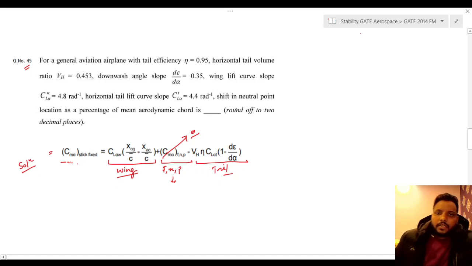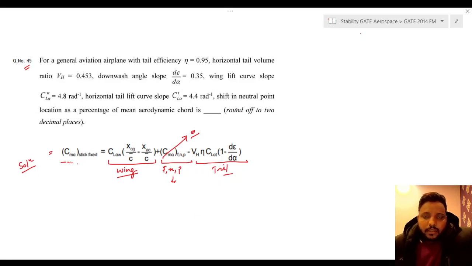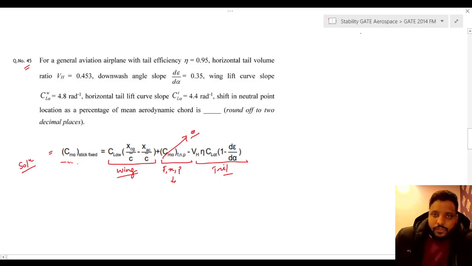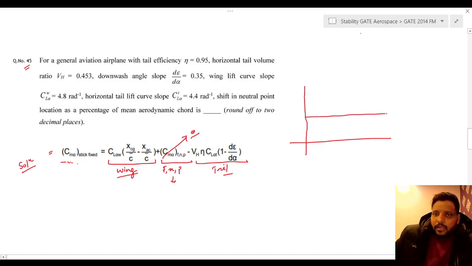The neutral point is the location of the CG of the airplane at which the pitching moment slope is zero, or the airplane is in neutral equilibrium. If we draw the CM alpha curve, for the neutral point condition the slope will be a horizontal line, so the slope is 0.